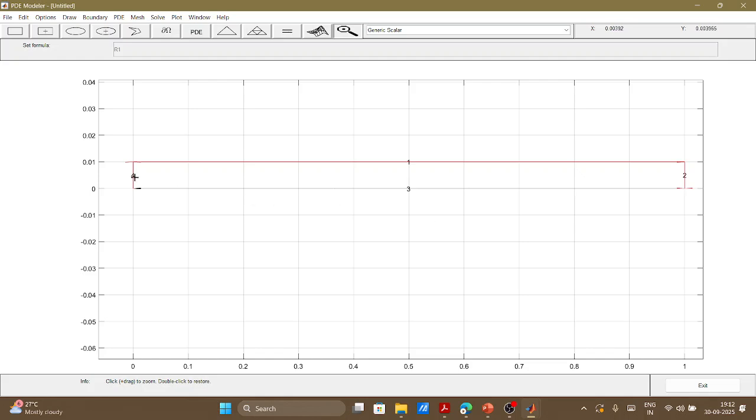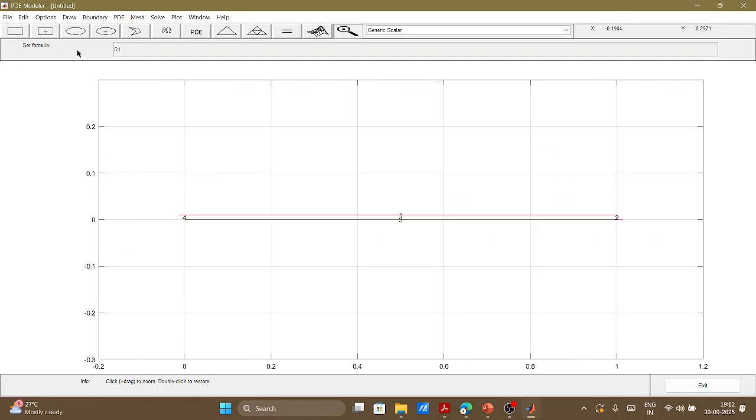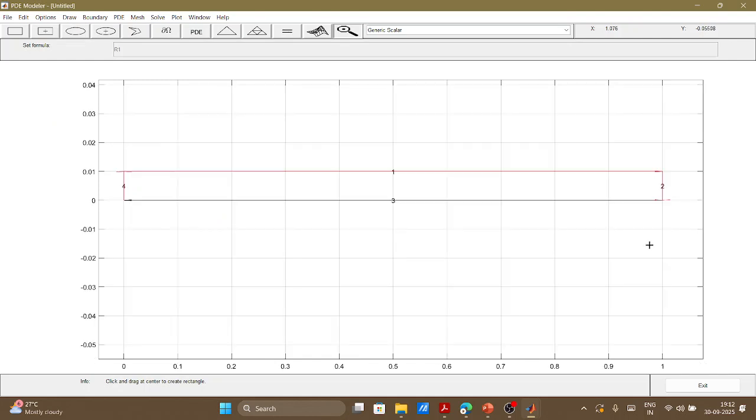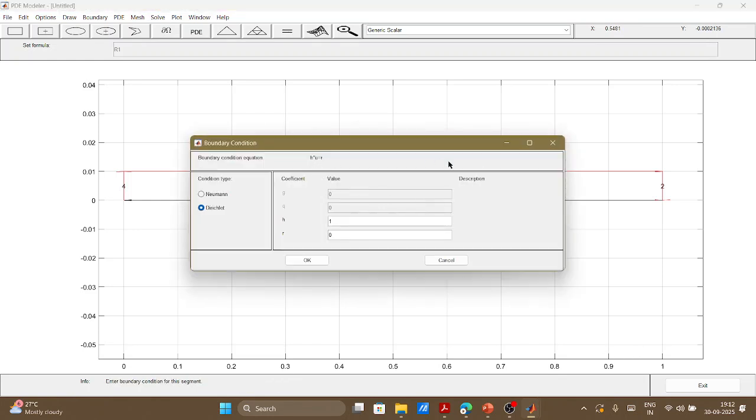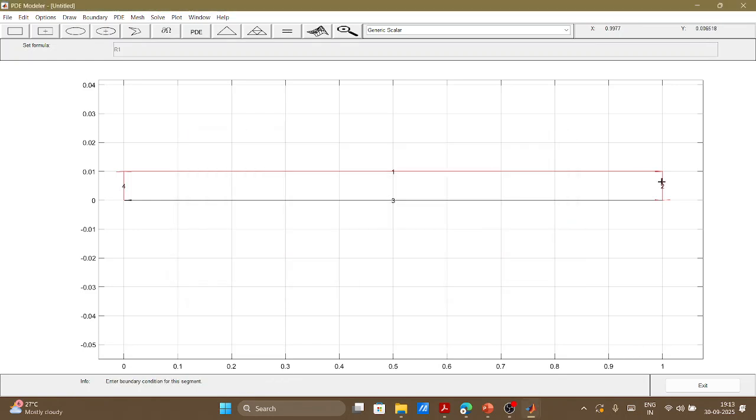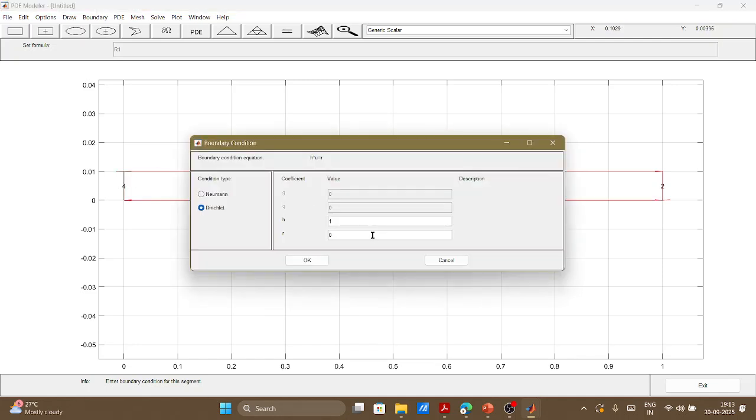Yeah, here. So the left edge. Zoom. Boundary mode. Yeah. So the left value was subjected to hu equal to r.